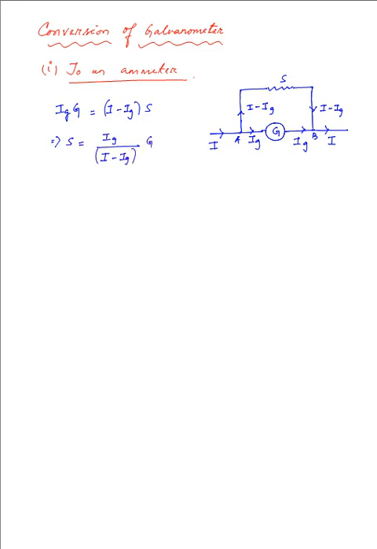Now, as one can see over here, the value of Ig is comparatively less than that of I, and as a result, the value of the shunt is very, very low. Now this connection of the shunt resistance S in parallel with the galvanometer, as per the given equation, results in an ammeter whose range is now from 0 to I amperes.